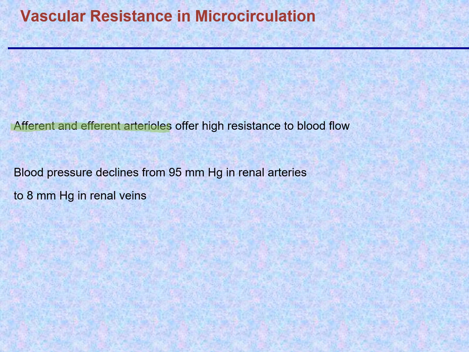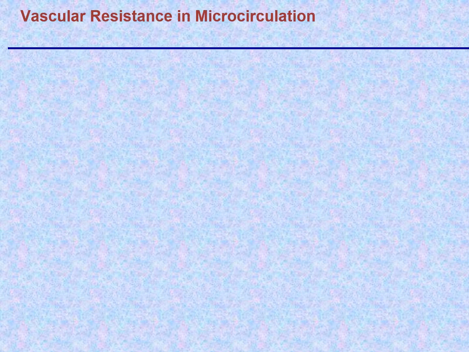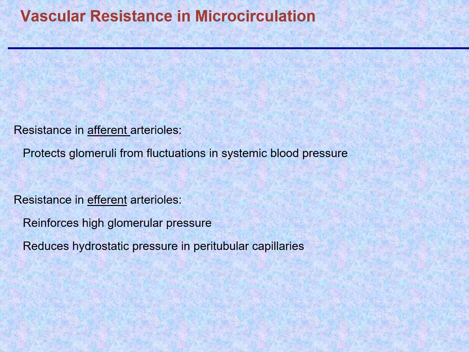Blood pressure will decline from, in the renal arteries, it's at 95 and goes down dramatically to the renal veins, but in between you have these capillary beds. The first one, the glomerulus, is under fairly high pressure to facilitate the filtration process.